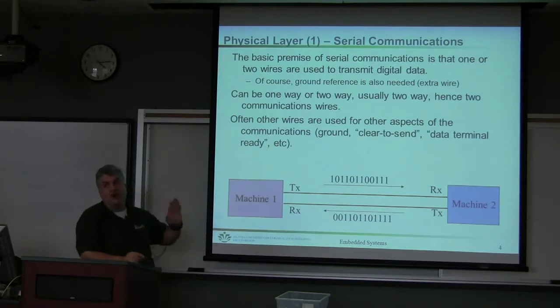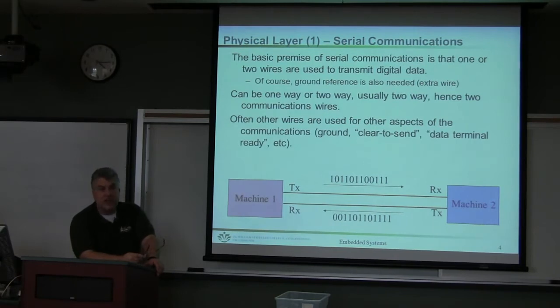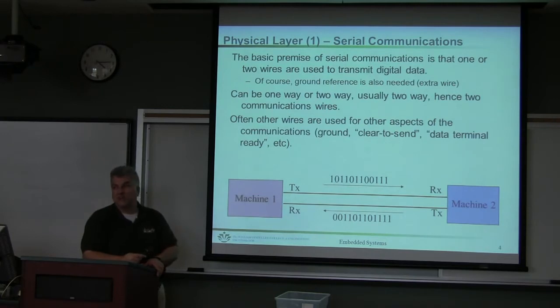And by the way, there are some applications that actually allow you to use different wires or additional wires. Very often, it's very helpful to have a ground that is common between the sending and the receiving device, or I should say, between the 2 devices, because often the 2 devices will send and receive at the same time. Sometimes you need additional information between the 2 devices.